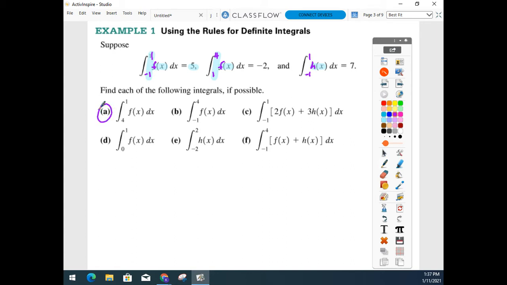All right. First of all, letter A is f from 4 to 1. So we're going to use f from 1 to 4.